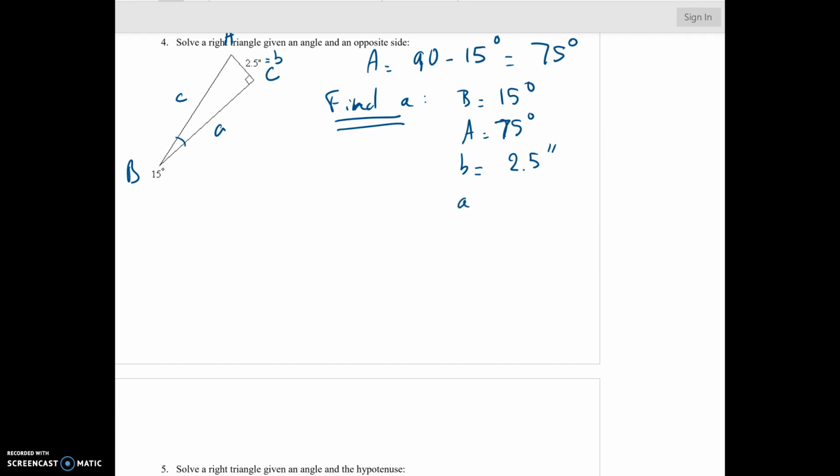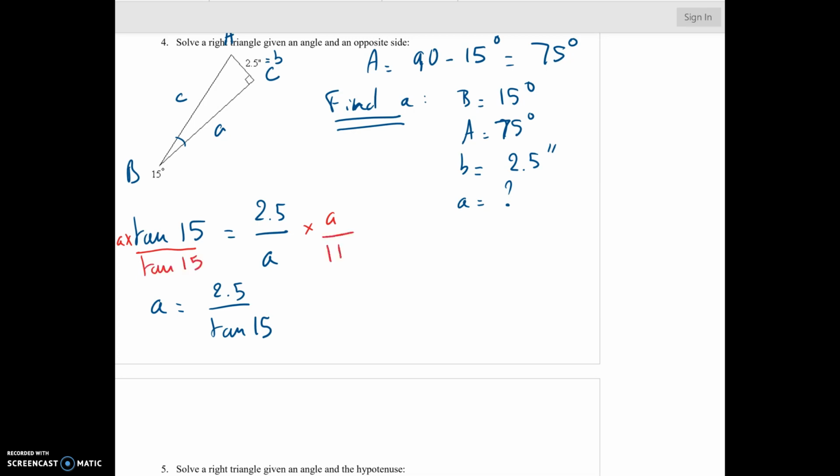I don't know the value of the side A, but I know that the tangent of 15 is equal to 2.5 divided by the adjacent side, which is A. Therefore, I end up with A equal to 2.5 divided by tangent 15. Why? Because if I want to have A by itself, I need to multiply by A on both sides, and then divide by tangent 15 on both sides.